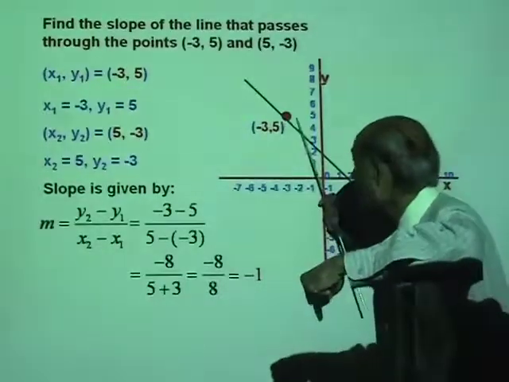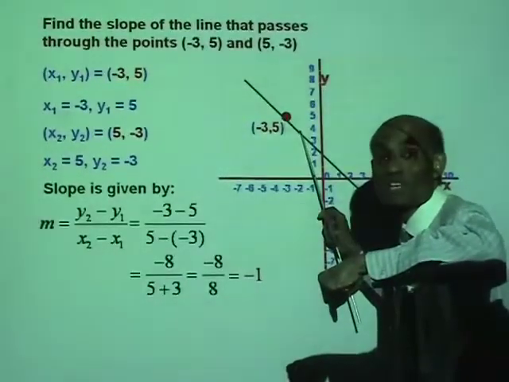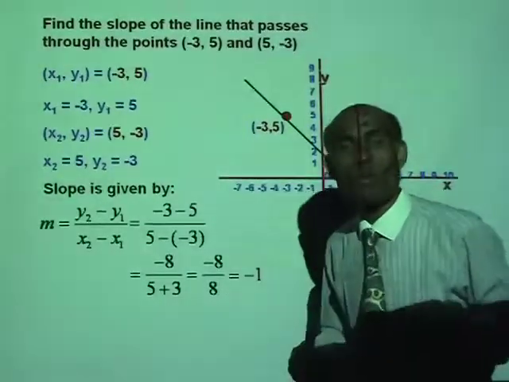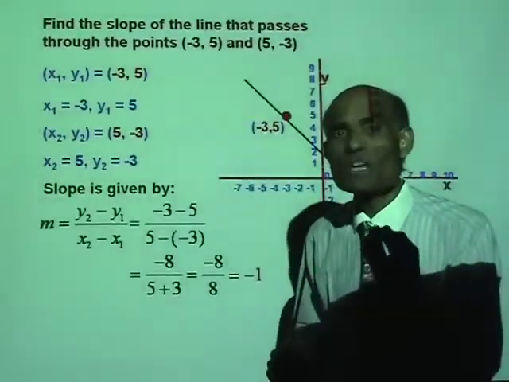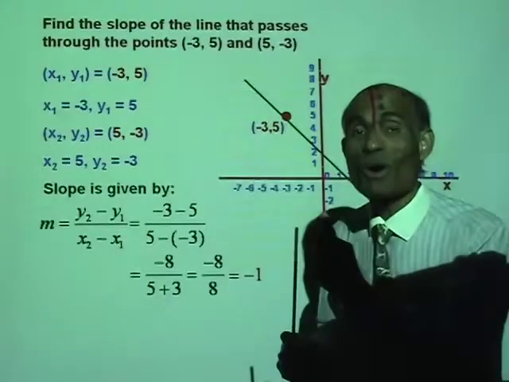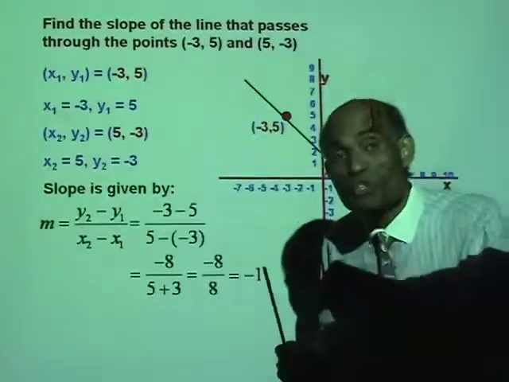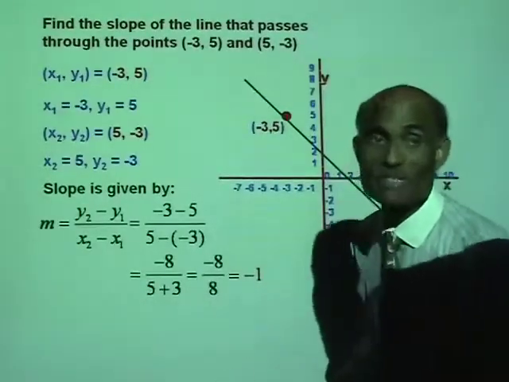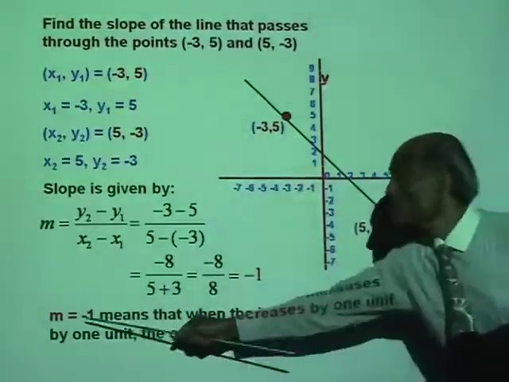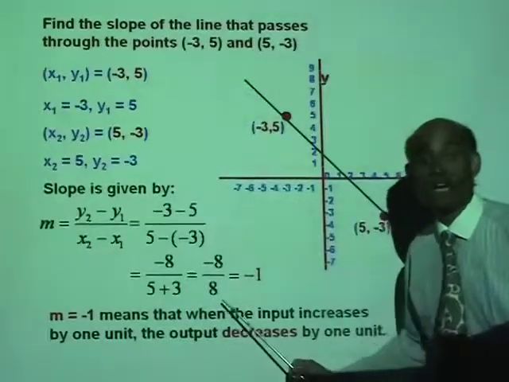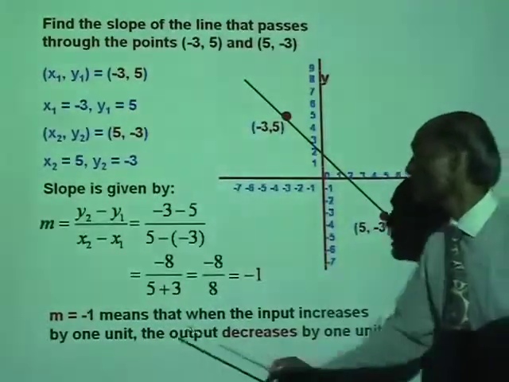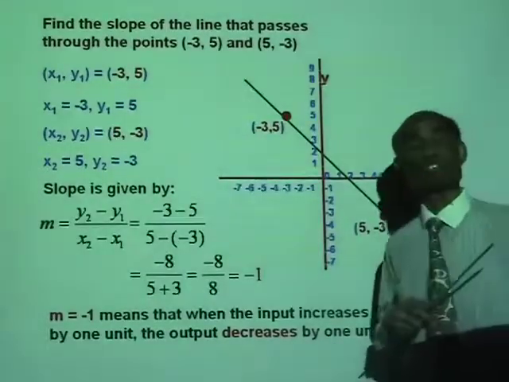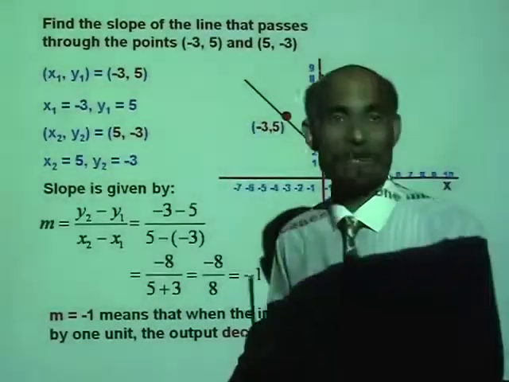You got to go down 1 unit to reach the line. So the slope is -1 means every time the input increases by 1 unit, the output decreases by 1 unit. That is the meaning of the negative slope. M equal to -1 means that when the input increases by 1 unit, the output decreases by 1 unit.